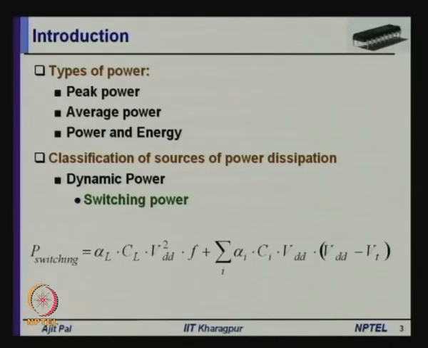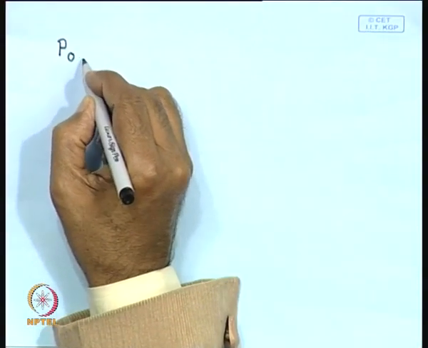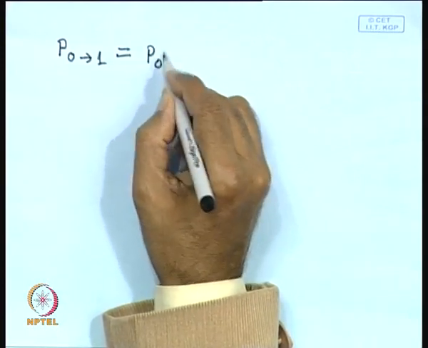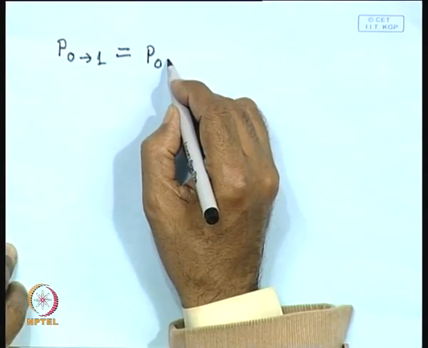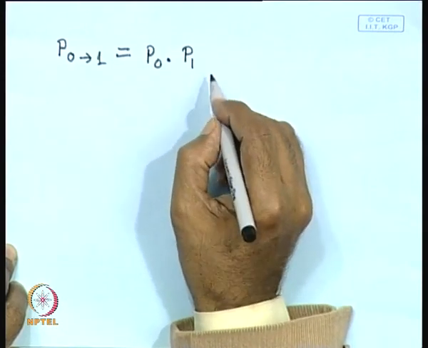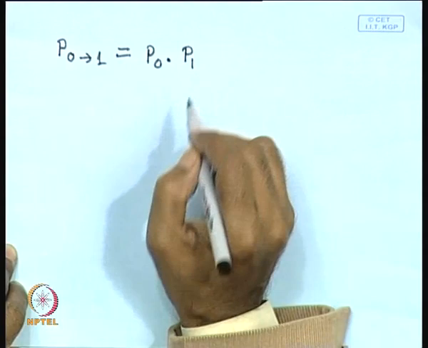Okay. With this background, we shall now focus on transition probability in dynamic circuits. We have already discussed the switching activity of static CMOS circuits, and we have seen that the switching activity can be represented by P 0 to 1, which is equal to P 0 times P 1, where P 0 is the probability of the circuit output remaining at 0, and P 1 is the probability of it remaining at 1.